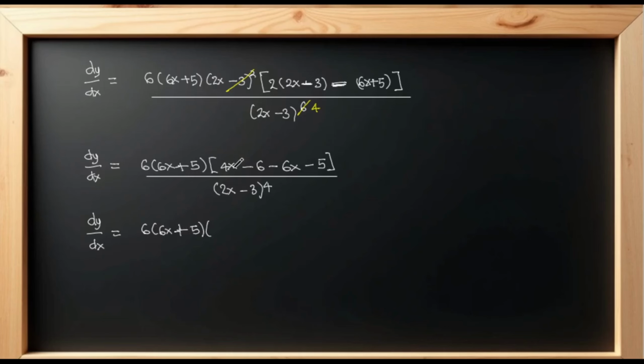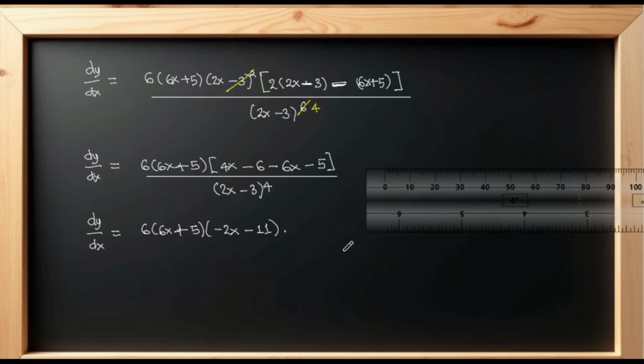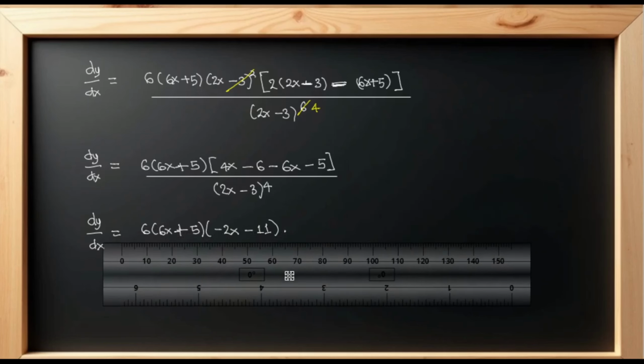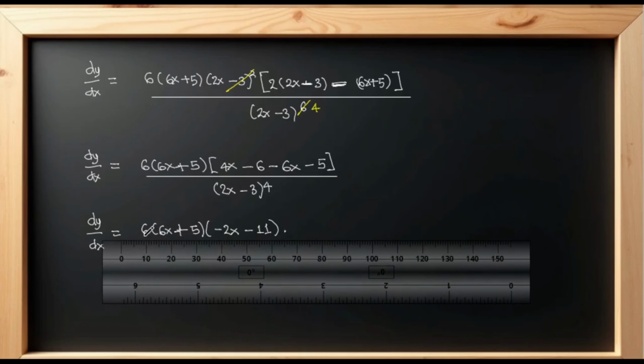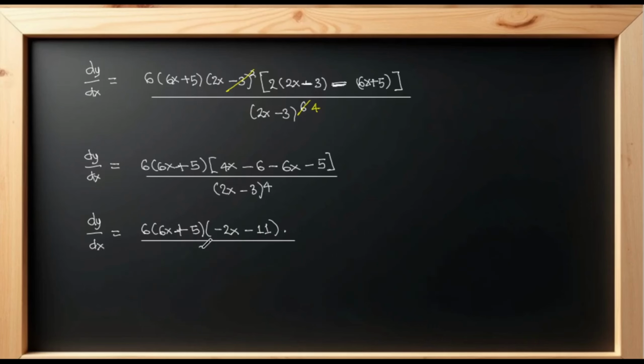So 4x minus 6x we get minus 2x, and negative 6 and negative 5 make negative 11, and we can decide to take this negative out here. So let's write one more step, but we do that after writing our denominator. So here we divide by the denominator, which is 2x minus 3 to the power of 4.